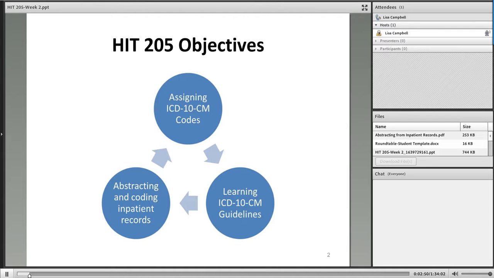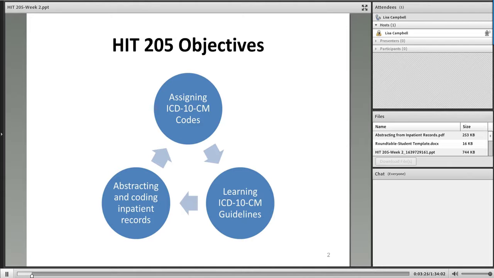You have learned about the components of the health record in HIT 120, one of your very first classes. You have learned what the word abstracting is. You have taken medical terminology, anatomy and physiology, pathophysiology, pharmacology, and all of those courses that came before this course, and that is really helping you.